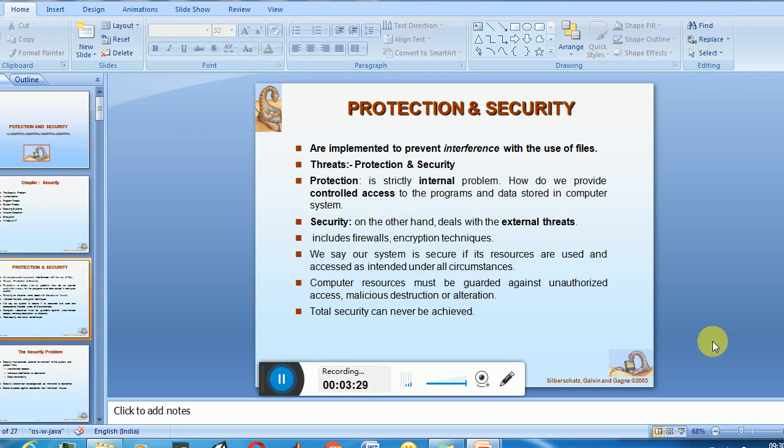Security, on the other hand, deals with the external threats. It includes firewalls and encryption techniques. We say our system is secure if its resources are used and accessed as intended under all circumstances, as we have discussed.